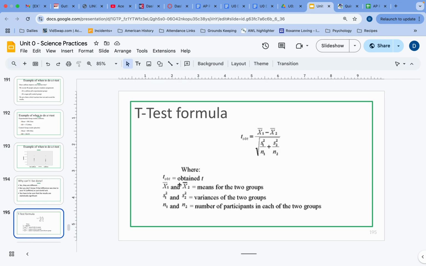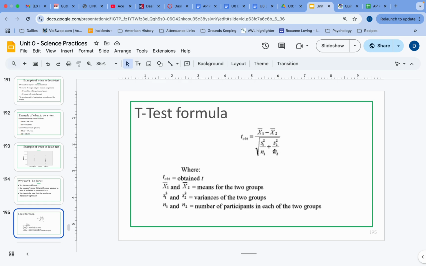What you're doing, as you see here, x1 and x2, with that bar over them means average. So we have the means for each group. So the mean of one group minus the mean of the other, divided by the square root of the variance of the first group divided by the number of people in it, plus the variance of the second group divided by its number of people.